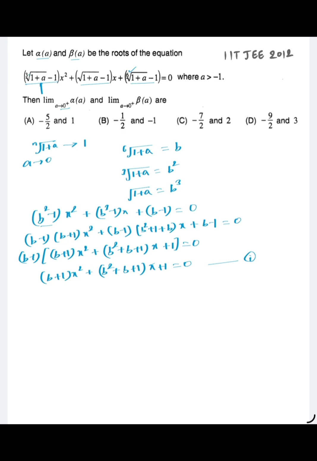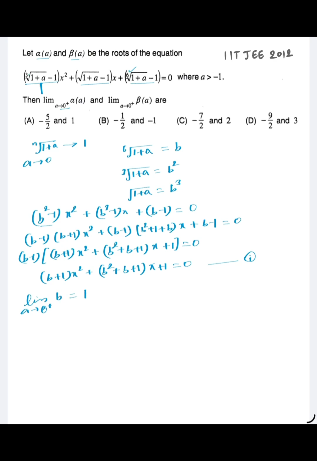And here we can see that we have to find the limit, right? So one way is we find the roots and then we find the limit. Another way is we try to put the limit here, because this will simplify the equation a lot. We know that as a tends to 0 plus, b is just 1.